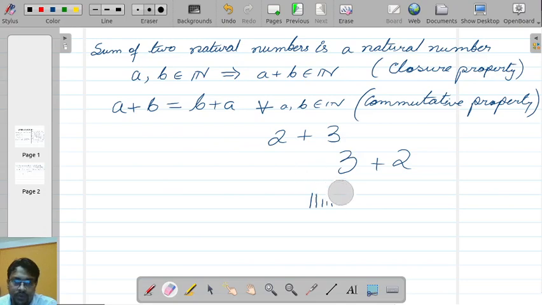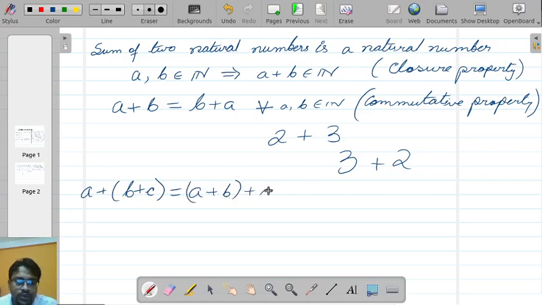We do not demand any proof or something like that. Next you have another property: a plus b, plus c, is equal to a plus b plus c. That means we can shift the brackets, for every a, b, c inside the natural numbers.